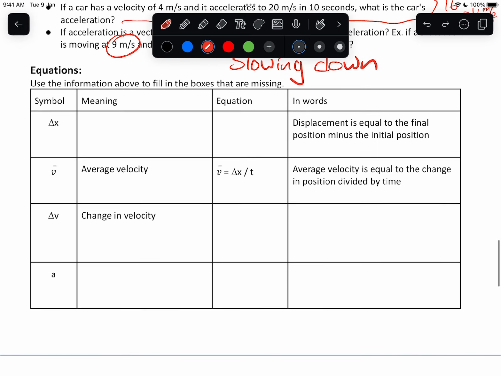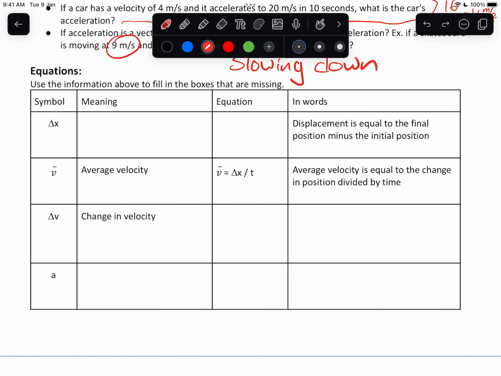All right, here's some equations for us. The meaning, you can find these up above. This is just going to be change in position. Equation: change in x is equal to x final minus x initial. Here we have our average symbol. Ooh, that's cool. A little line above any of these means the average.